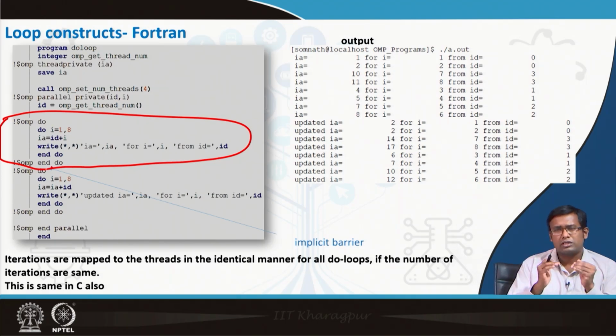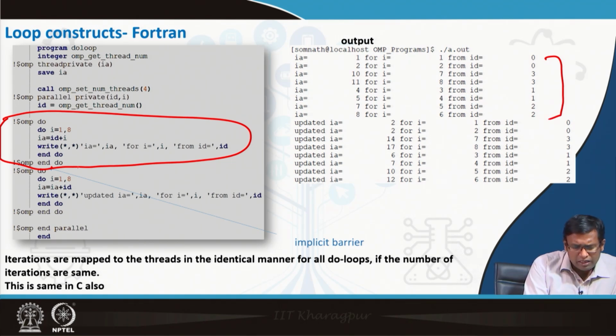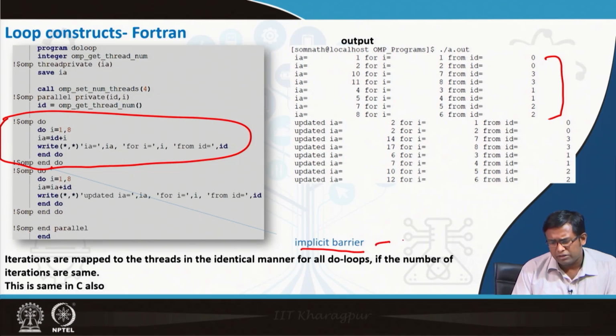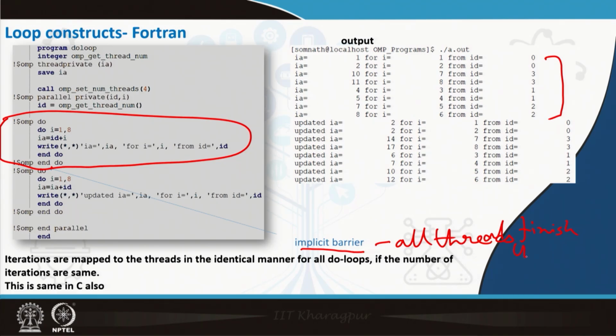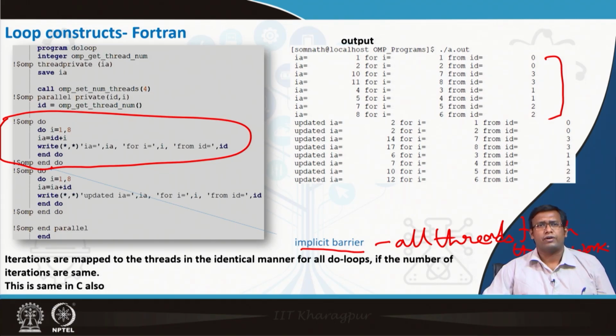That means this thread ends here, everything executed by all the threads finishes, and the next instances of the program are launched, and therefore this is called an implicit barrier. That means all threads finish their work. In case some thread has not finished the work, the other threads will wait for it.